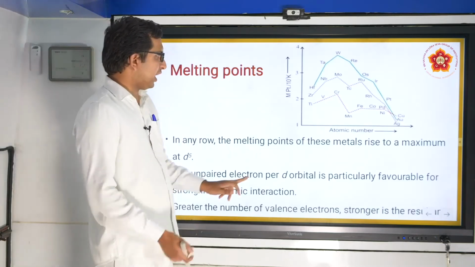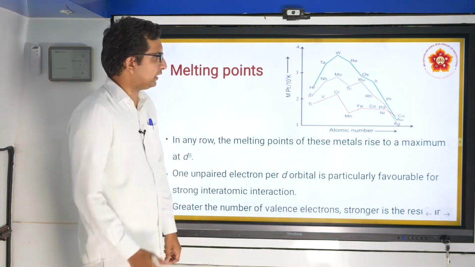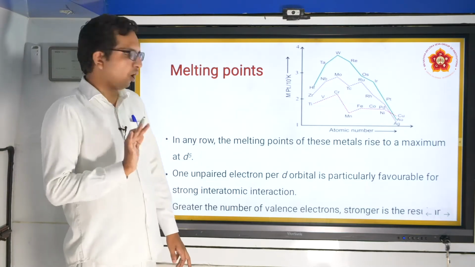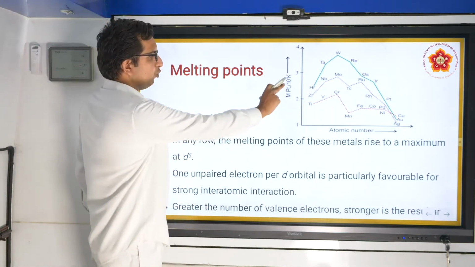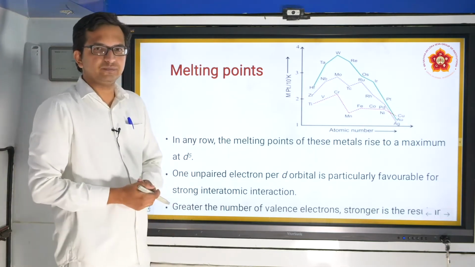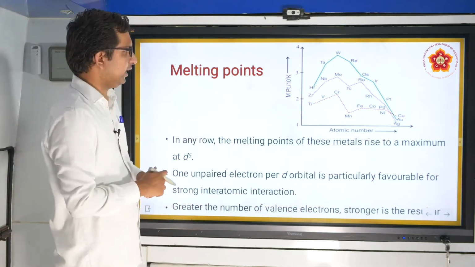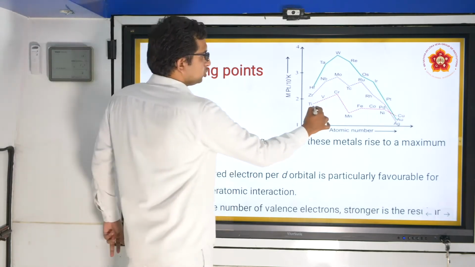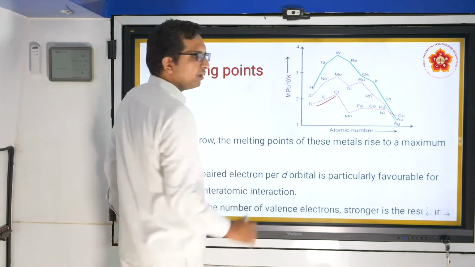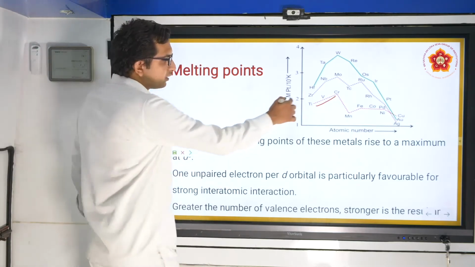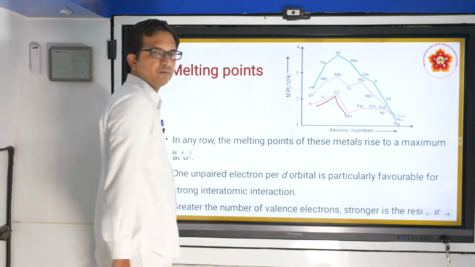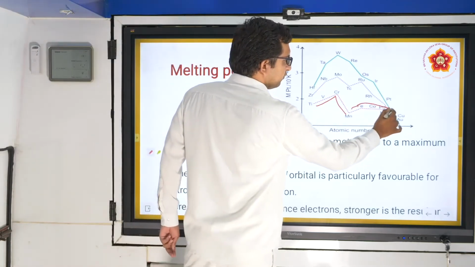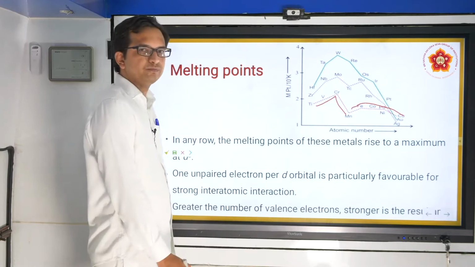I have a graph here which shows the melting points of various elements of the 3D series, 4D series and 5D series. What you see here is that the melting point at the start increases slowly, then suddenly decreases. Later there is some stability, and then finally it comes down again.